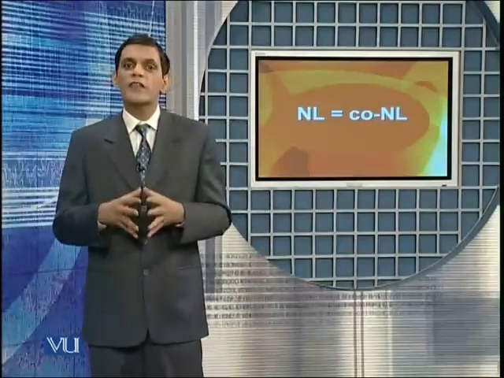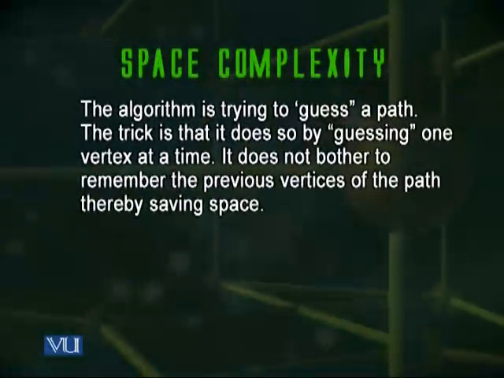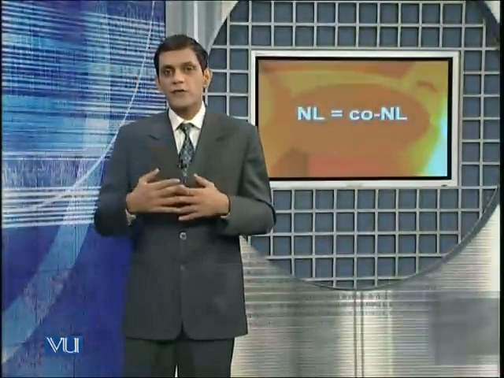So this shows that path is in NL. This algorithm is trying to guess a path. The trick is that it does so by guessing one vertex at a time. It does not bother to remember the previous vertices of the path, thereby saving space. So the trick is to save space.